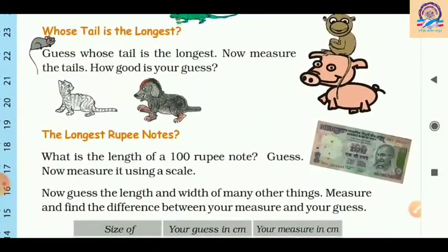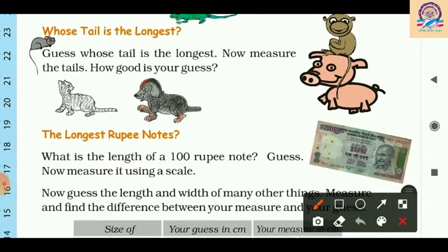Now next is: whose tail is the longest? Here we have a mouse, cat, puppy, pig and monkey, and one lizard on the top. Whose tail is longest?